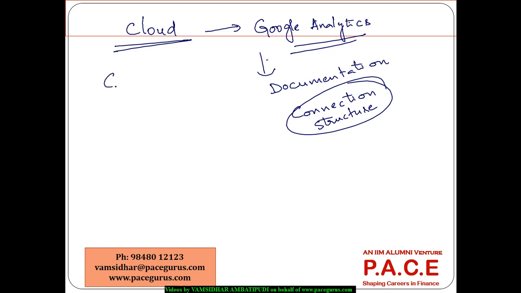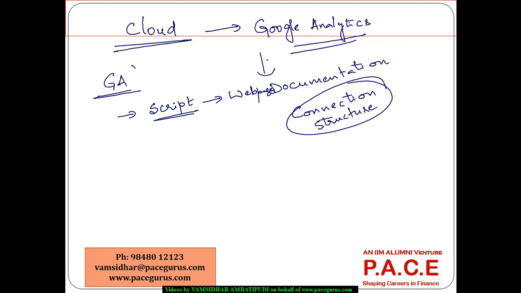And we know, just as a tool, Google Analytics provides some kind of code. Google Analytics gives a small script which the user has to put in their web page.